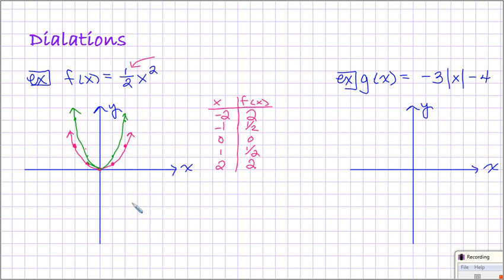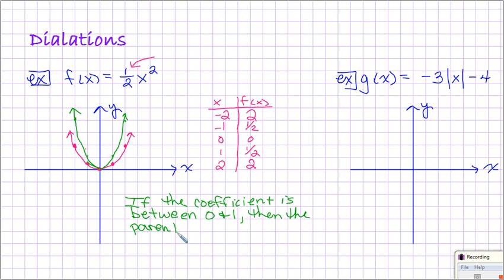So if the coefficient of the parent function is between 0 and 1, then the parent function will be flattened, for lack of a better word here. It's going to flatten out.